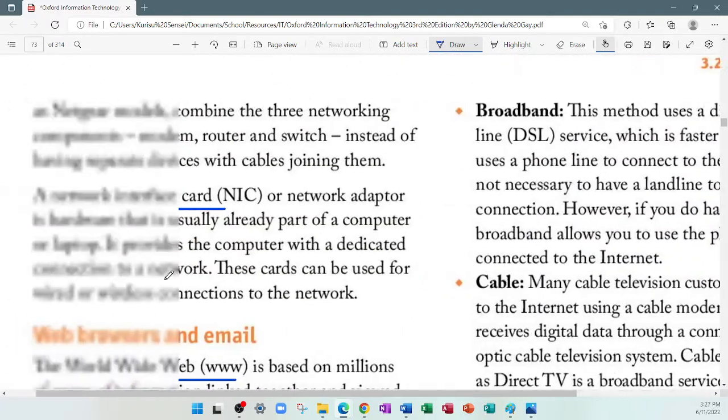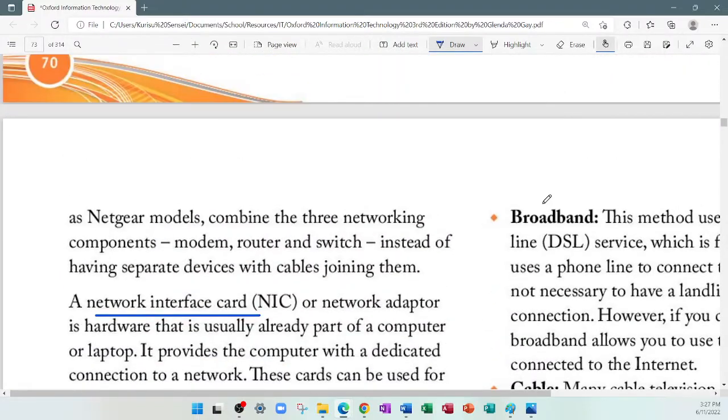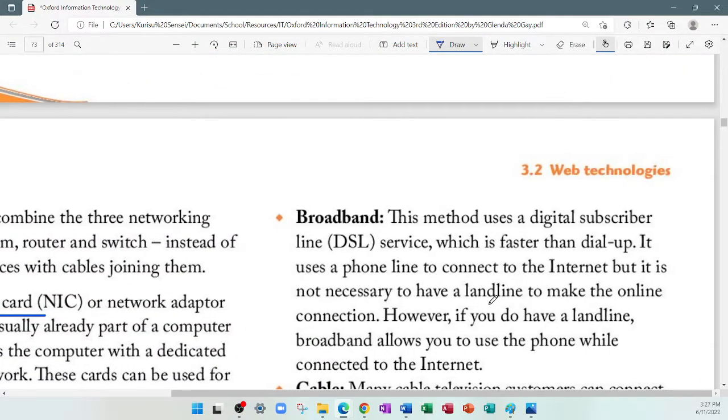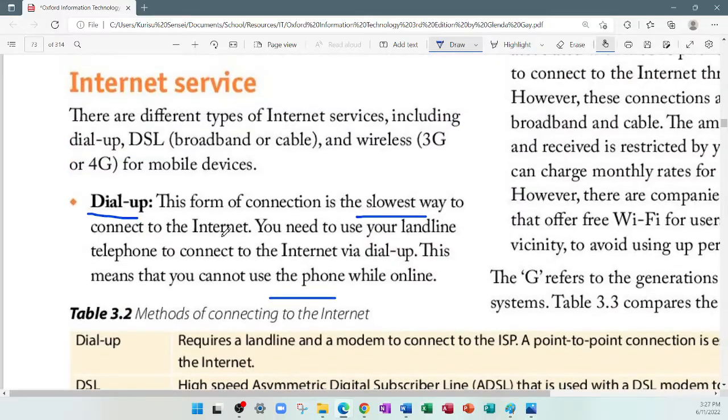Now, the disadvantage of that was that it was slow, and the other disadvantage is that, remember we talked earlier about broadband. Broadband means that we can send various signals across this communication channel.